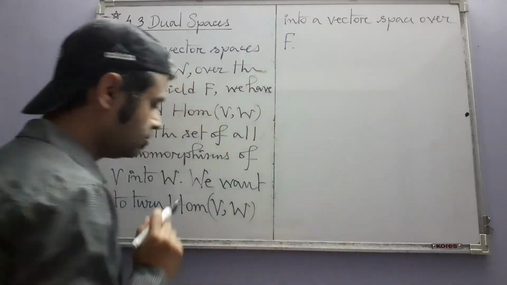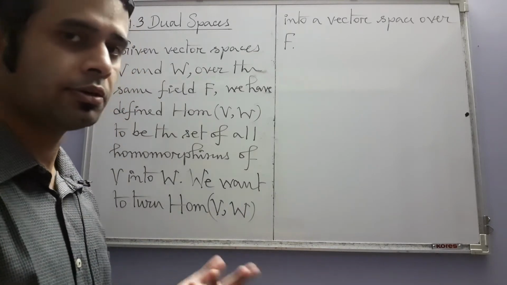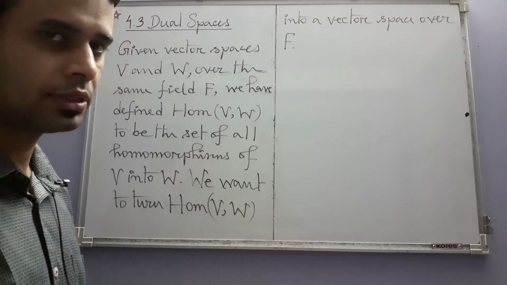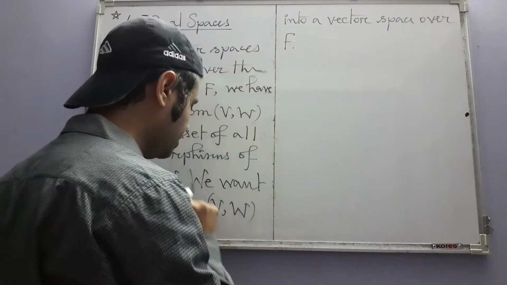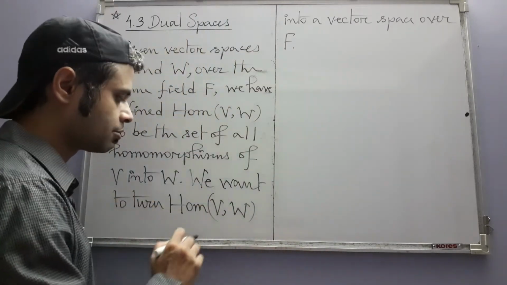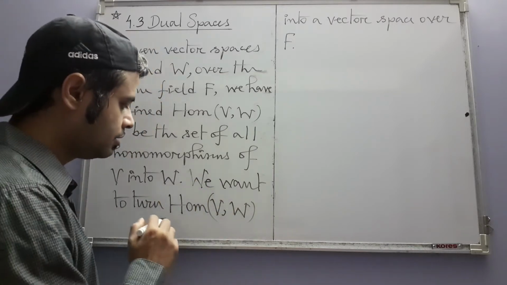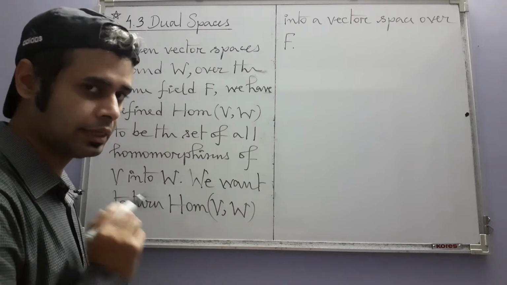But before we do that, we actually have to make sure that this set is a non-empty set, because otherwise if it is the empty set, then everything stops there itself. So we now show that in any case, no matter what these spaces V and W are, there is at least one element that will always be in this set.